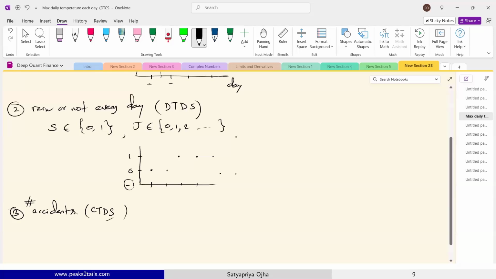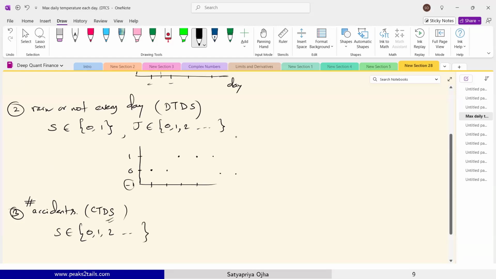Discrete state. Why did we say discrete state? You're counting the number of accidents. It cannot take a value 2.5. It cannot take a value 3.1. It can only take whole values. So let me write it. State space is discrete. The values it can take are 0, 1, 2.